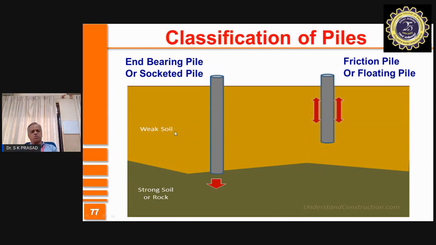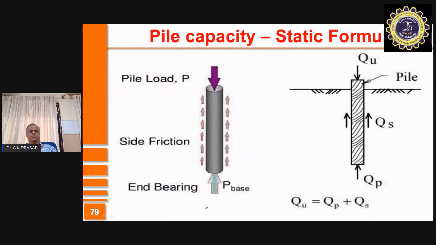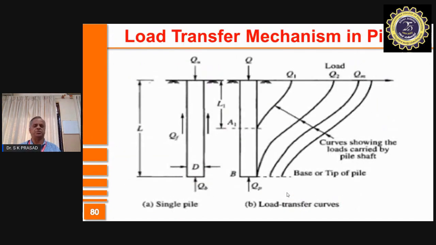So in weak soil, the capacity of load carrying near the surface is very much reduced. So P is equal to P1 plus P2. P1 is the skin frictional component, P2 is the tip or base. So you should remember that total load carried will be partly as the skin friction along the surface and as the end bearing at the tip or at the base.